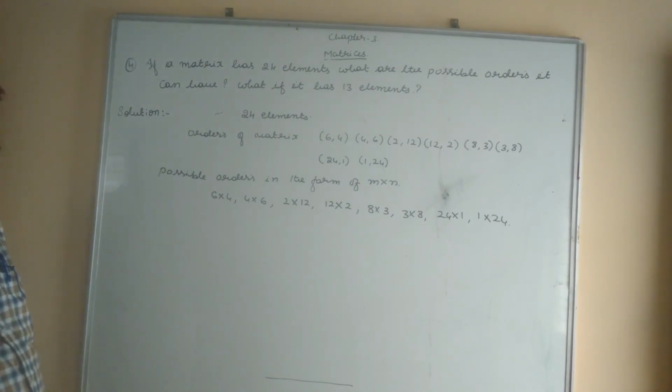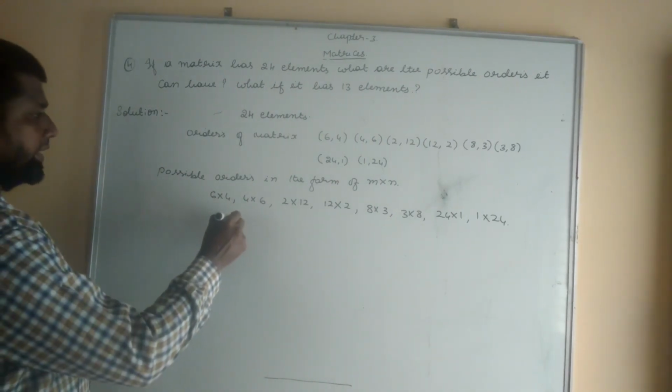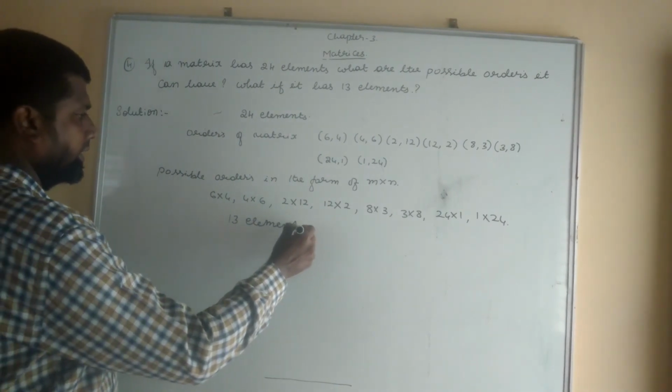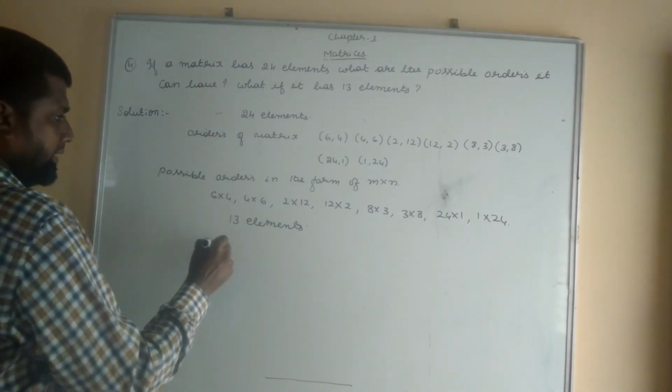What if it has 13 elements? He has given 13 elements. For 13 elements, what are the possible orders?